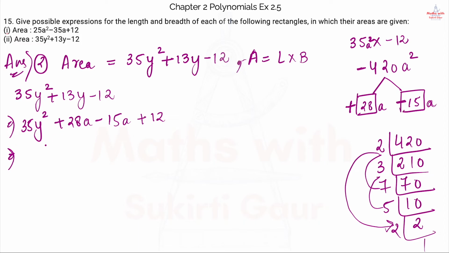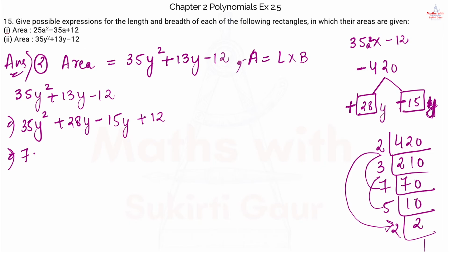So we are going to take something common out of, sorry, here it is not a, it is y. I am mistaken, I'm sorry. So you need to take whatever variable has been given in your question, right? So here it was y. If there would have been a in place of this y, I would have written a. So if I come to this side, 35y square and 28y, I would be taking something common out of these two terms.